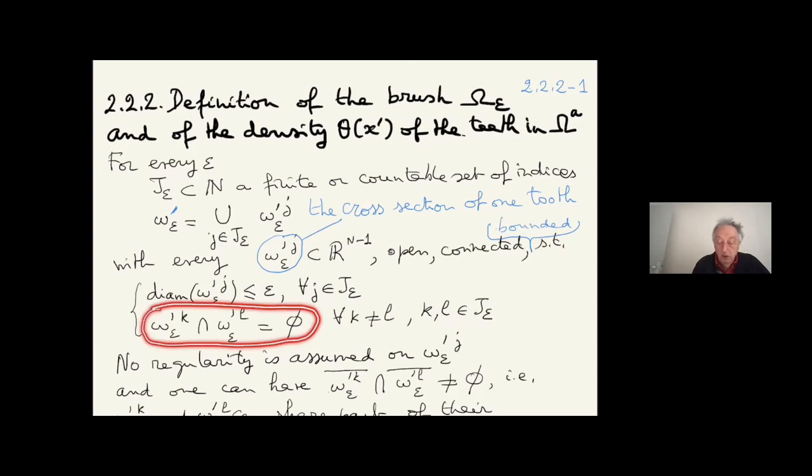So this means that the sets omega_k^epsilon and omega_l^epsilon are disjoint, but be careful.